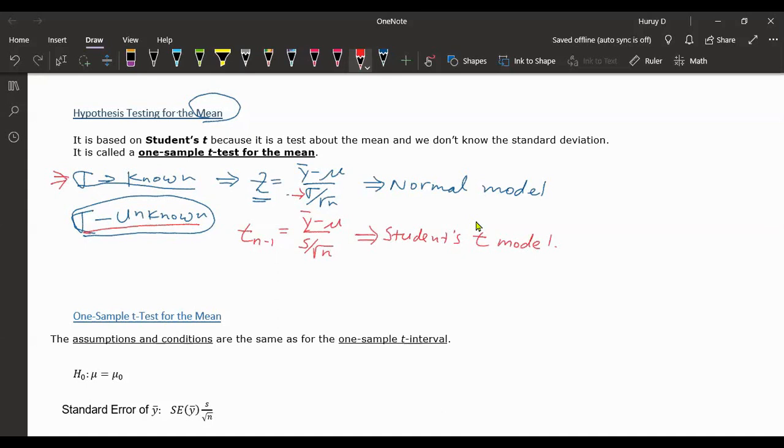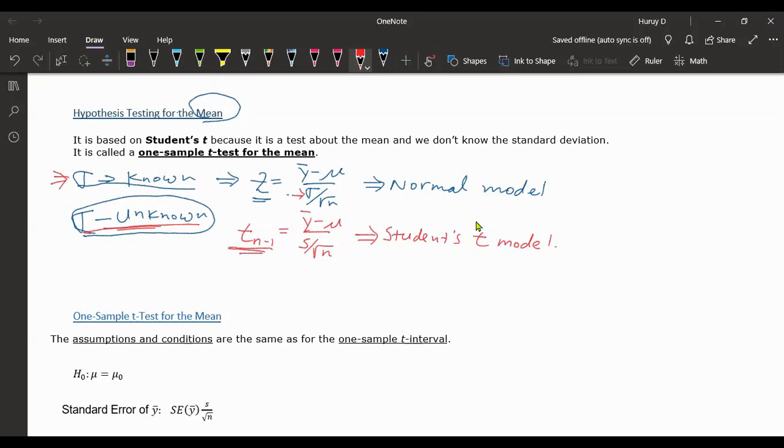Okay, but in general, if I give you any problem to do hypothesis testing about the mean, the assumption in this course is always that sigma is unknown, because we are just using the T model.